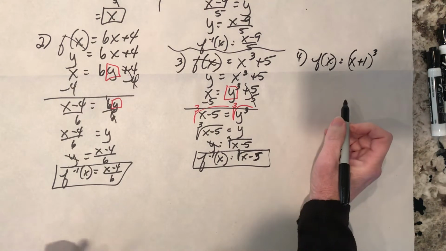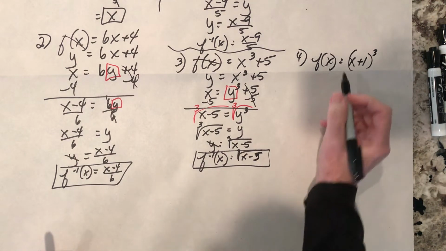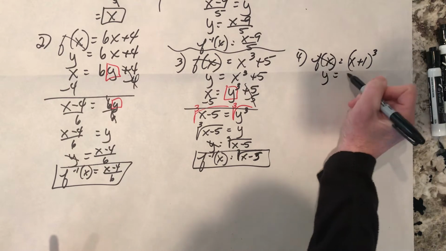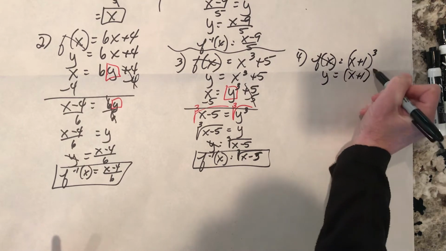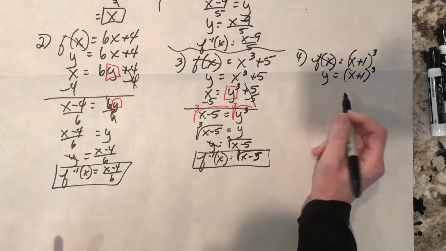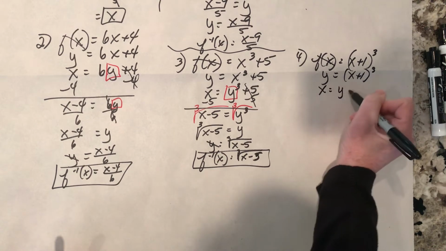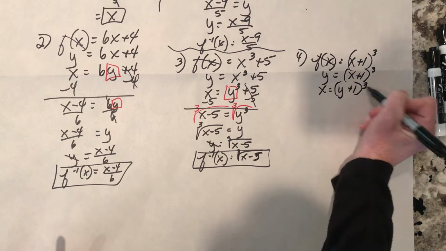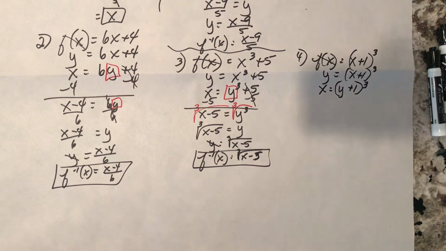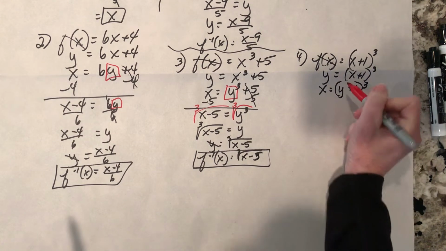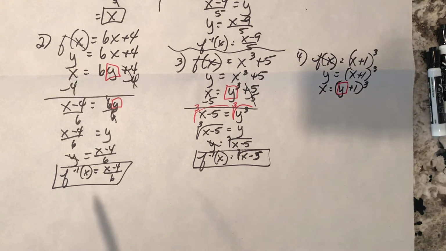Okay, again, you're substituting the x for the y. We'll call this y. Now swap them out. We're creating the inverse this way. Remember that your job now is to solve for y.